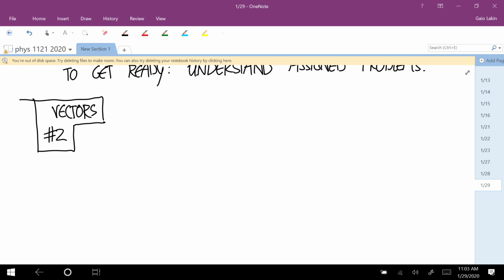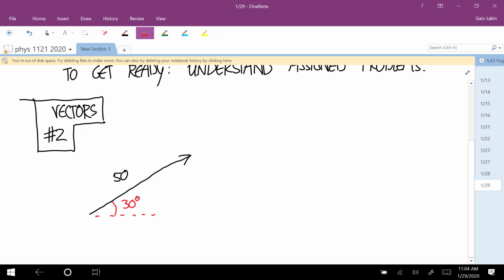Okay, so it gives you a vector with a length of 50. And it says the vector makes an angle of 30 degrees with the horizontal. So this angle is 30.